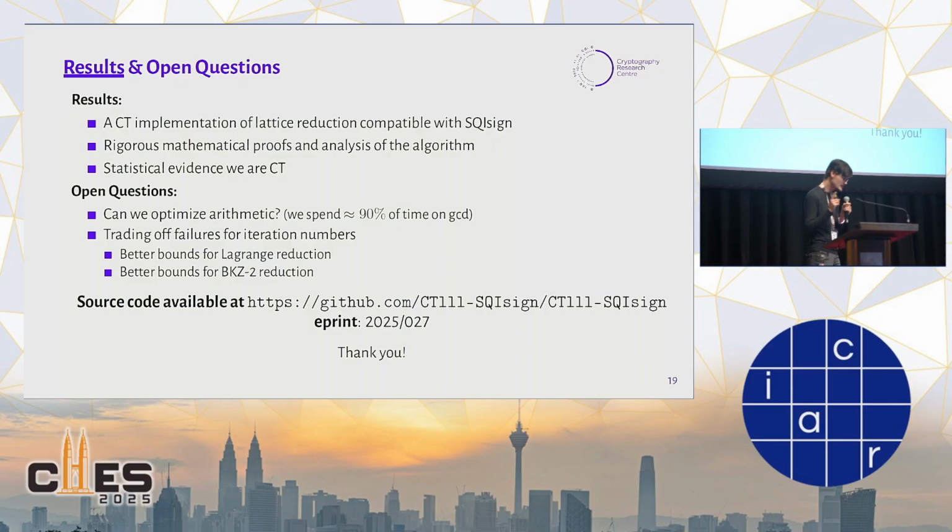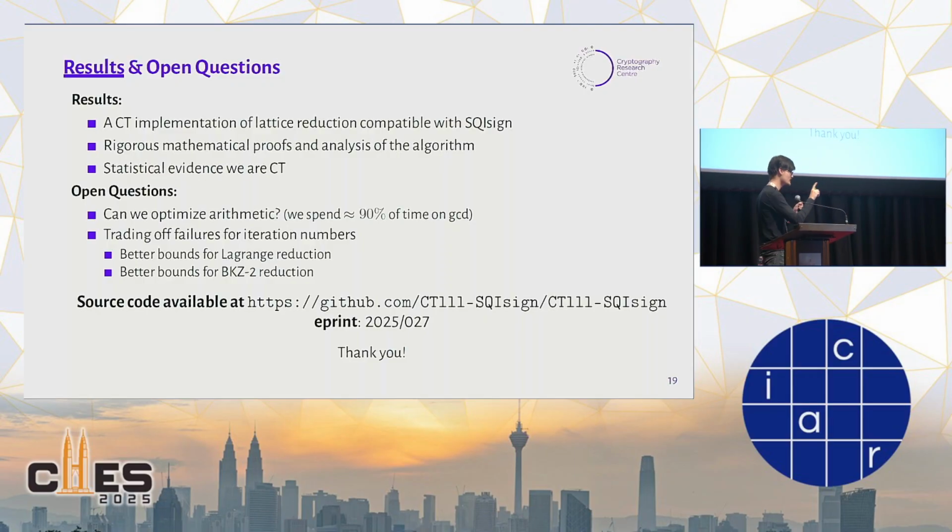We have compared our implementation of the LLL algorithm alone versus SQIsign that uses non-constant time arithmetic, and is much faster. So our LLL algorithm alone is slower than the entire scheme. However, it's not a fair comparison, because if we are using constant time arithmetic, then the other modules of SQIsign should use constant time arithmetic as well.